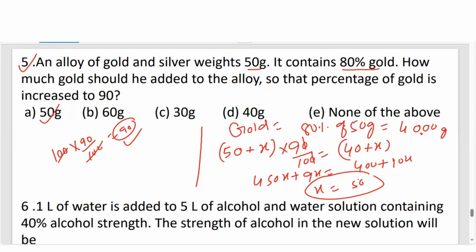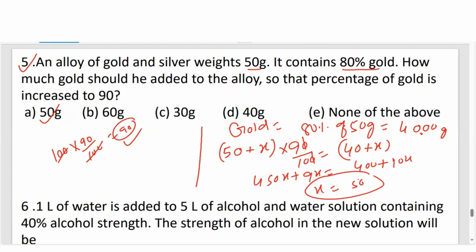In the option method, you see what is given in the question: how much gold should be added. Suppose 50 gram of gold is added. Then the alloy will be 50 plus 50, 100. When we add it, 90% of this should be pure gold. 90% of 100 is 90 only.